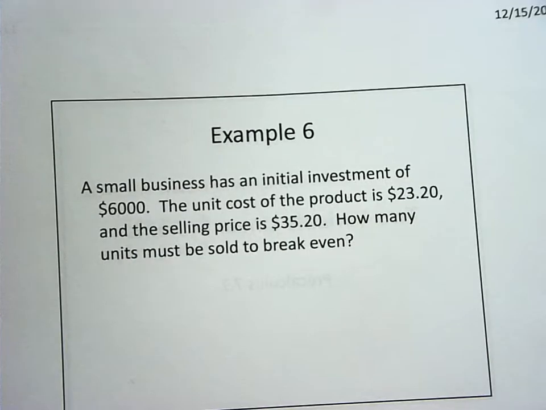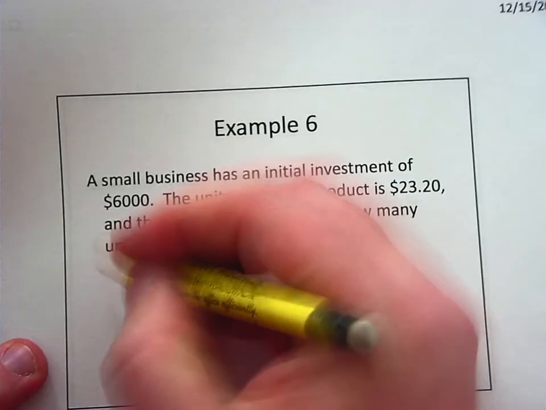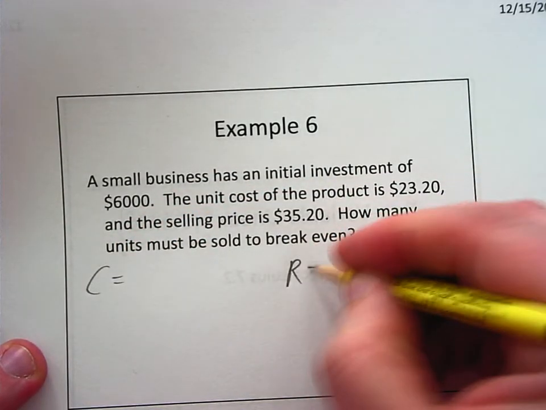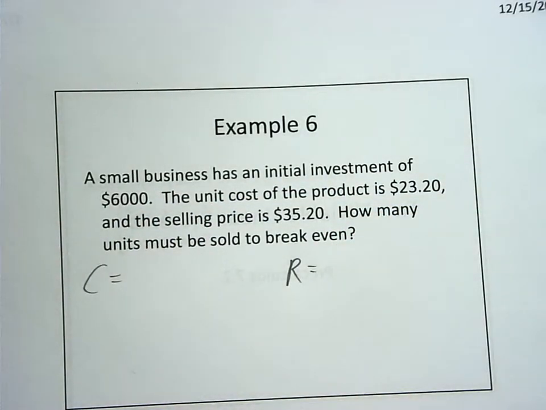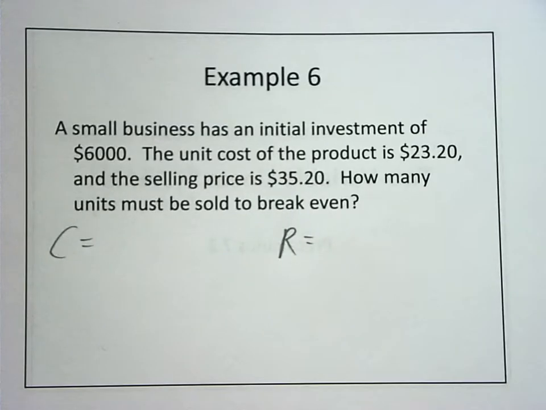So, if I have this problem, I'm going to set up those two types of equations. I'm going to set up a cost equation and a revenue equation. Now, the revenue is usually the easiest one to write. What's the revenue equation in this case? Say again?